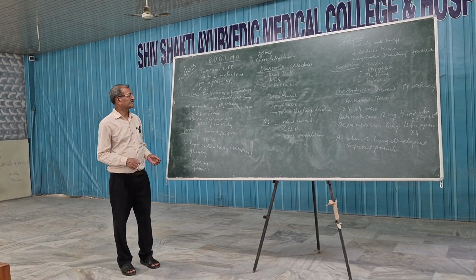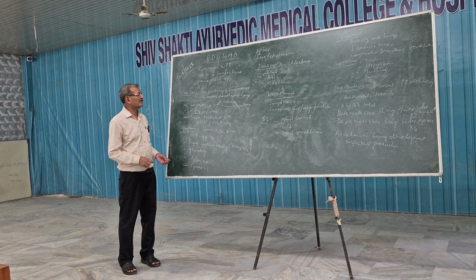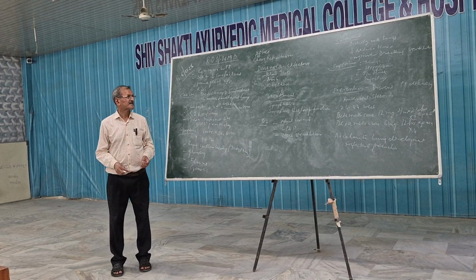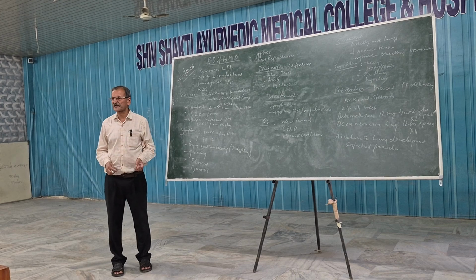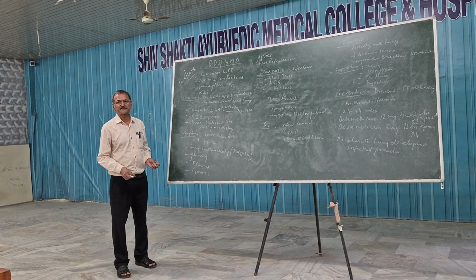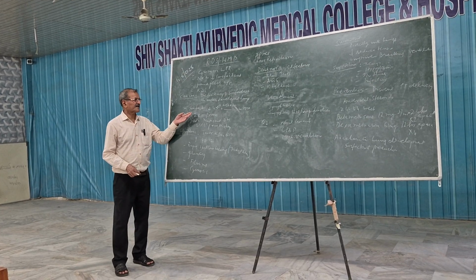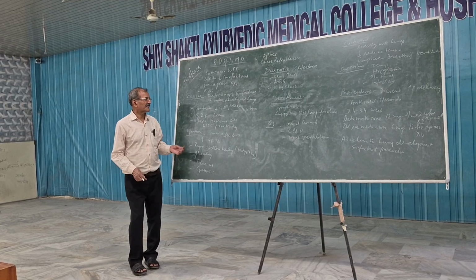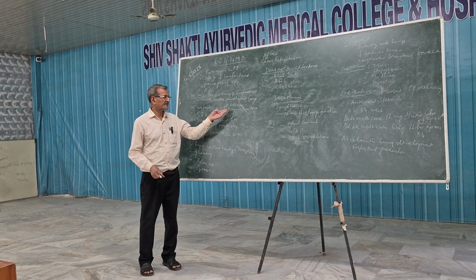So what is the cause? Main cause is the deficiency of surfactant. Already the lung is underdeveloped, there is a deficiency of surfactant, and this causes hyaline membrane disease. Surfactant production takes place as the gestation advances from 24 to 28 weeks.